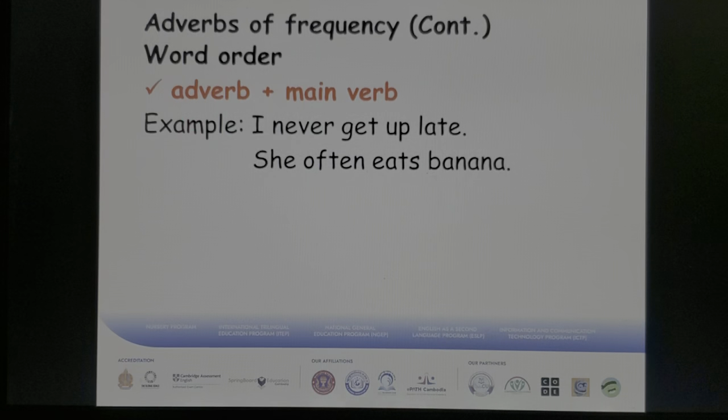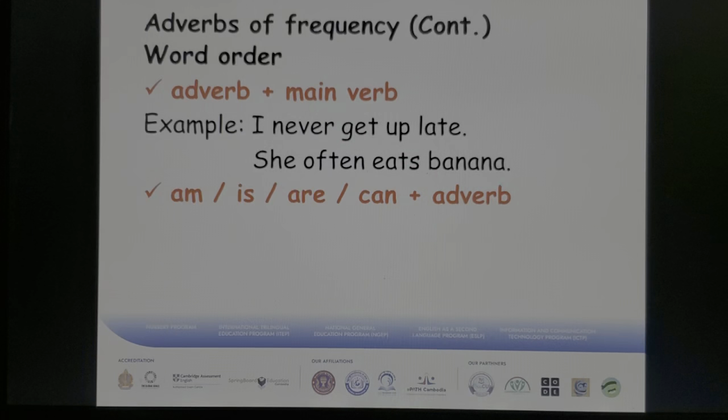What about number 2? The positions where adverbs of frequency can stand in a sentence with the verb to be: am, is, are, or can.